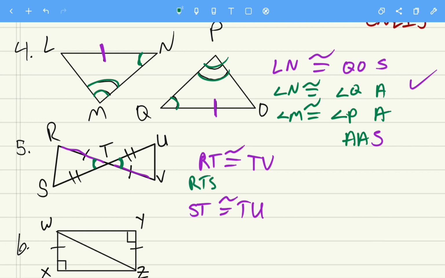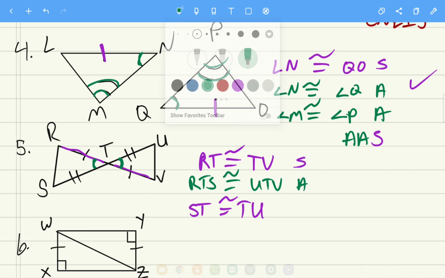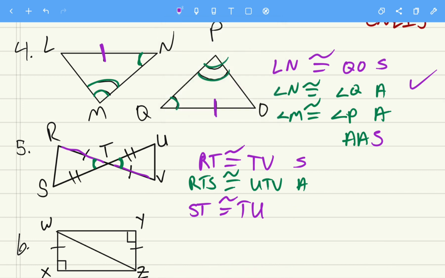So angle RTS is congruent with UTV, which makes this side angle side. So we do have enough information to prove that number 5's triangles are congruent. And again, the triangles may be flipped, but that's okay.